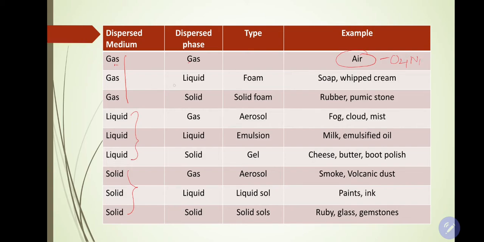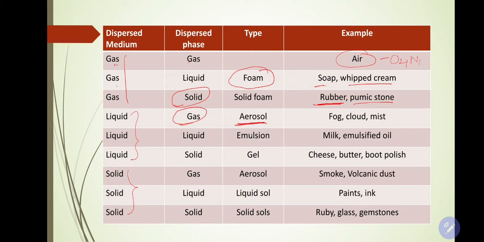Gas in liquid is known as foam, like soap and whipped cream. Then there is solid in gas. You already know dust particles in the air are solid in gas. For example, rubber, pumice stone.